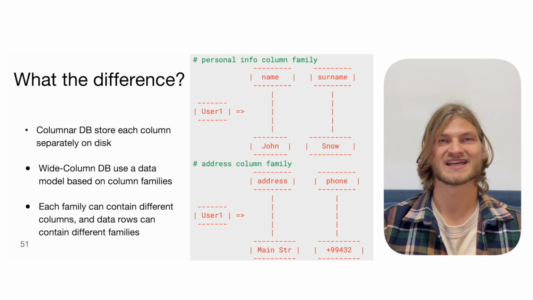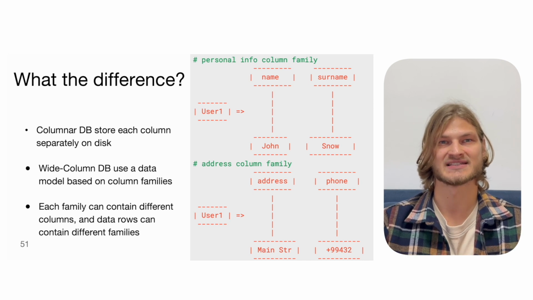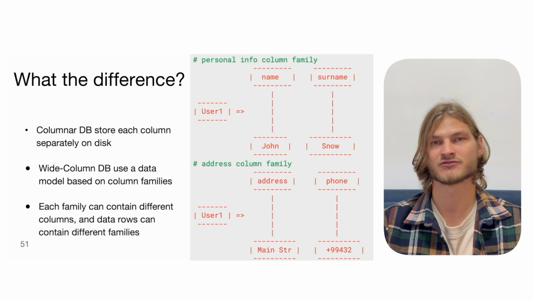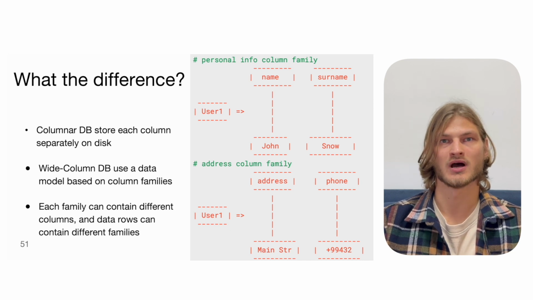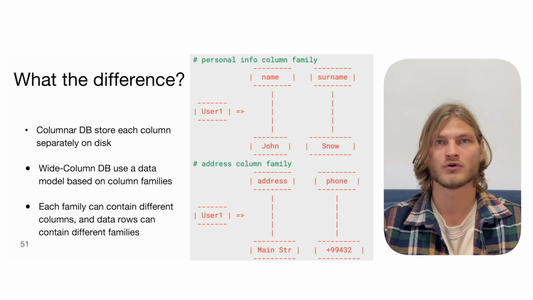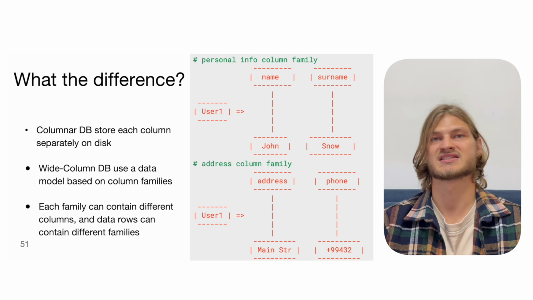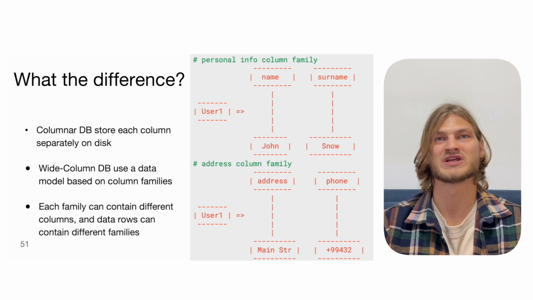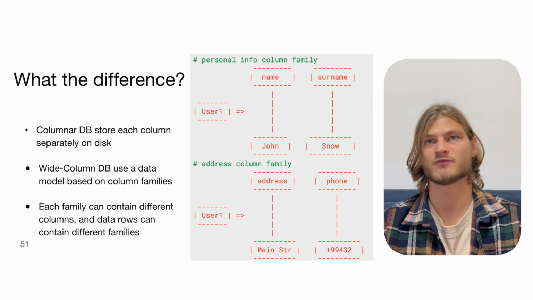Also, each family can contain different columns, and data rows can contain different families. So, as you can see in the picture, we have a personal info column family for one person, let's say with row key user 1, and we have name and surname for him.